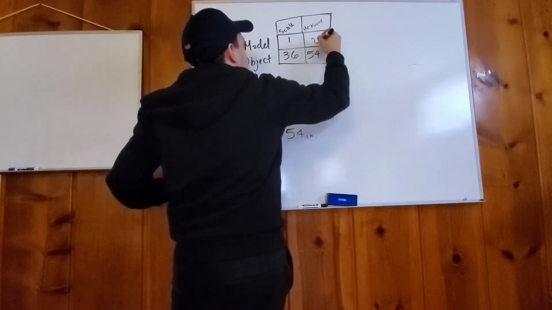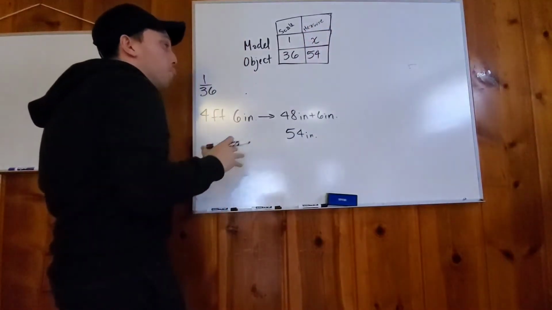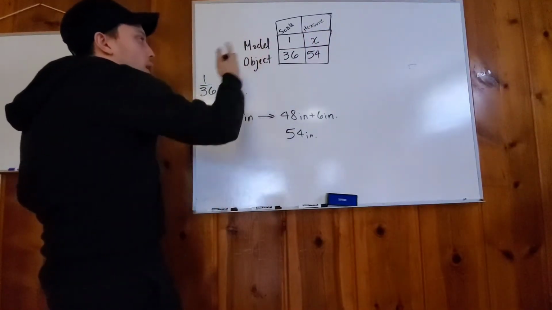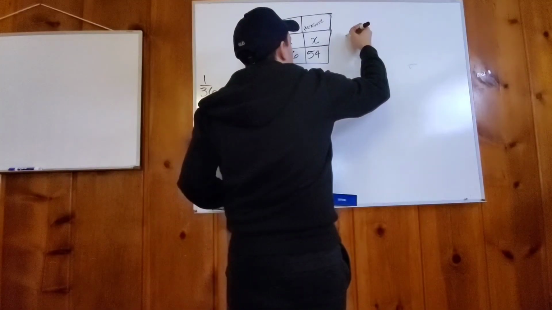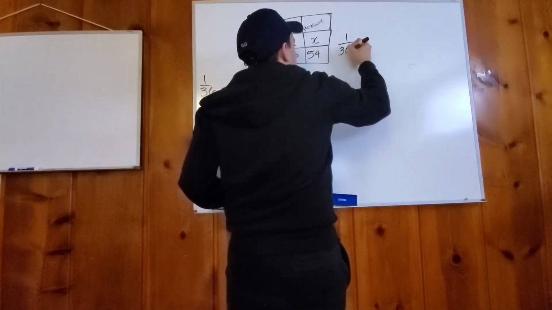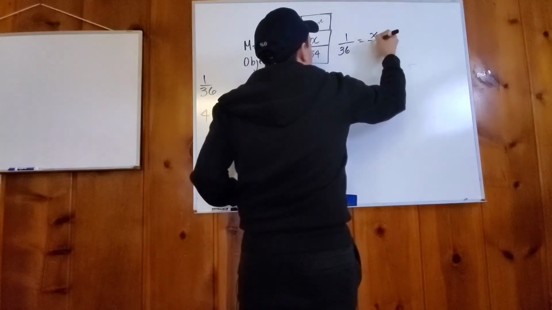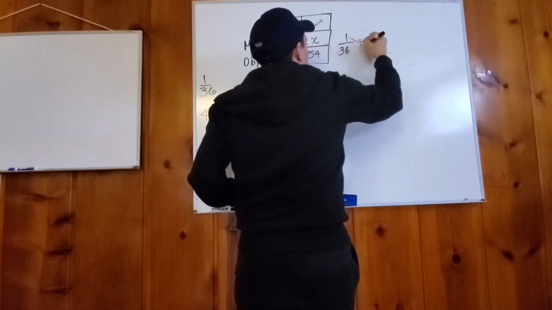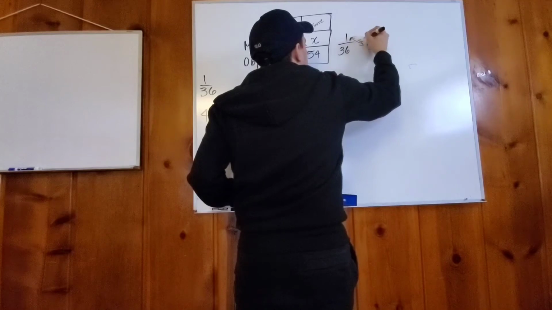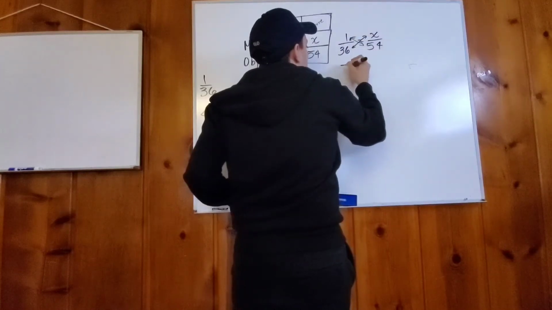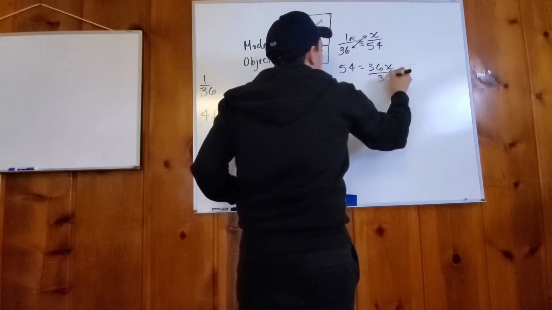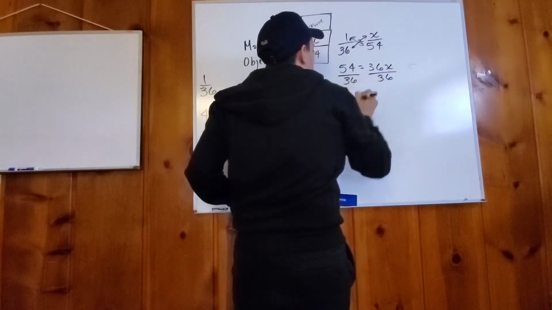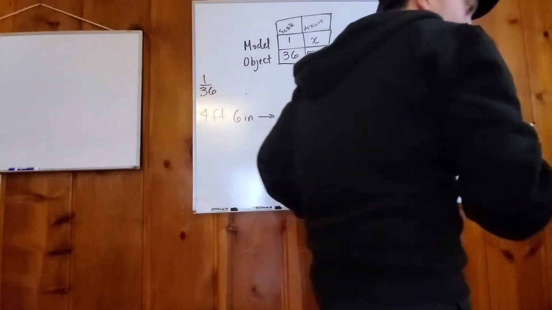Now, what is the height of the model? We don't know. We actually have to find out. And to find out, we're going to do proportion and cross multiplication. So 1/36 equals x over 54. And then we cross multiply. And it's going to be 54 equals 36x, and divide 36 to both sides, right?